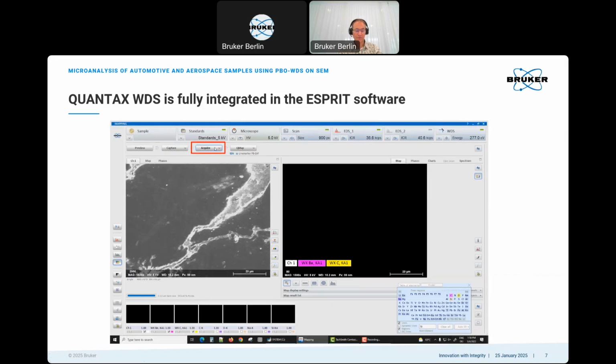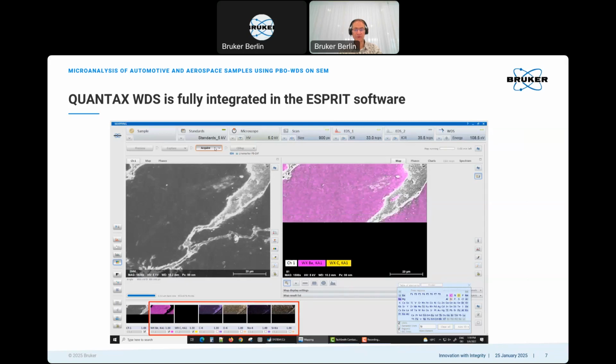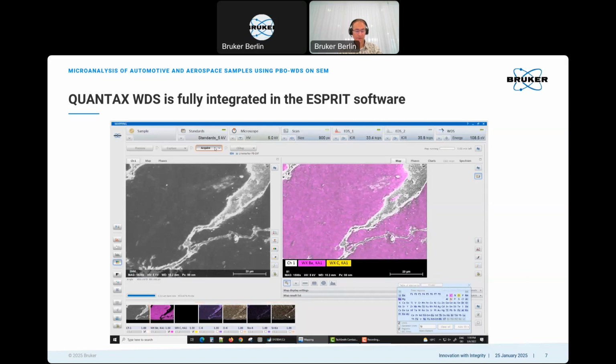We press acquire, and the X-ray energy for beryllium K alpha in this case is adjusted and mapping starts off. So it's mapping of the energy of beryllium K alpha at 109 electron volts. And when that is finished, the next energy, which will be carbon, is mapped.